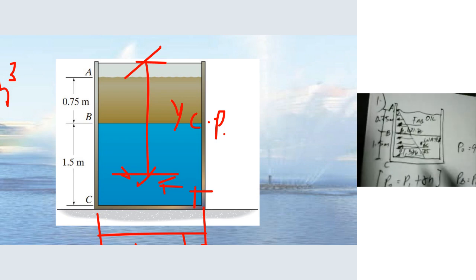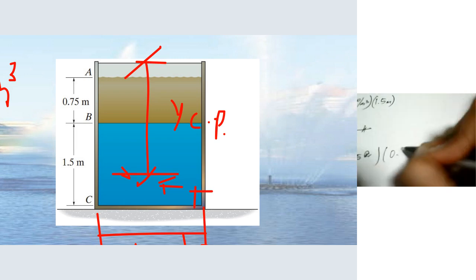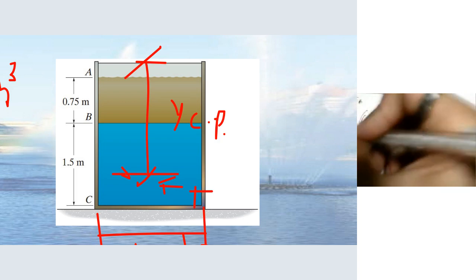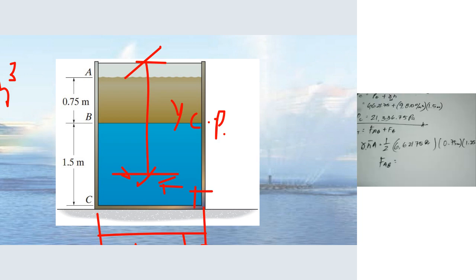Now, if we will look at the container, it's a rectangular cross-section. Okay? So, we have 0.75 times the base. Ano ba yung base natin? Base natin is 1.25 meters. So, we have 0.75 times 1.25. What is F sub AB?